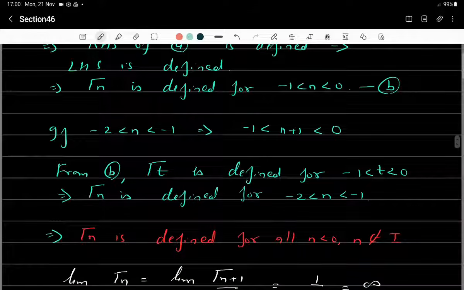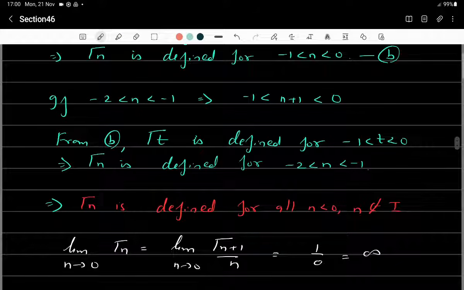At the same time, when it is an integer, for example gamma n, and you consider n tending to 0, then it is the limit n tends to 0 of gamma n plus 1 by n. Now gamma n plus 1 is gamma 1 and the denominator is 0, so 1 by 0, which is infinite. It means the gamma function is not defined at 0.